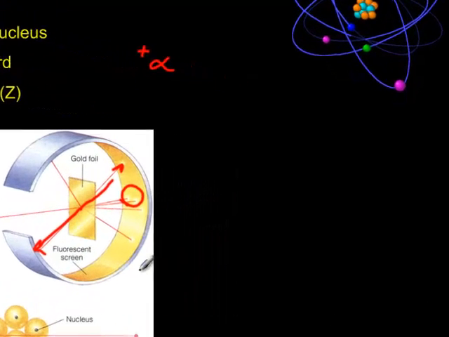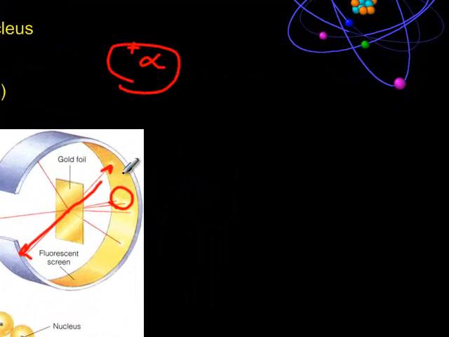And what he determined was that the alpha particles were positively charged, and that these particles were being deflected or pushed away by another positive charge. So he figured out three things: empty space, that there was a hard kernel in the core called the nucleus, and then that nucleus was positively charged, and so he said that we had protons.